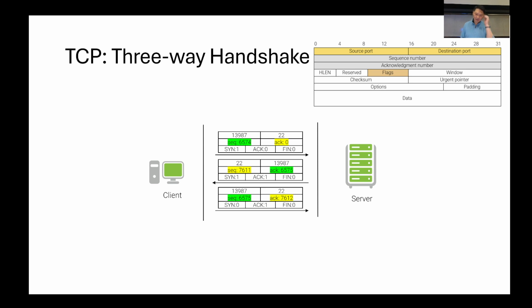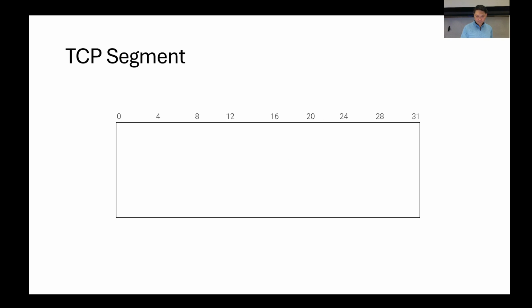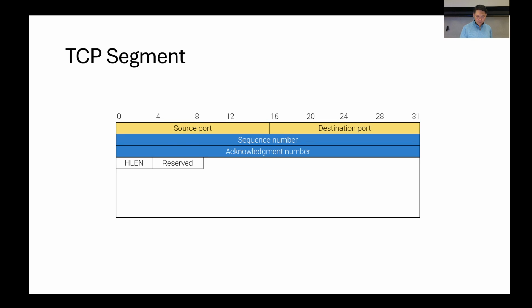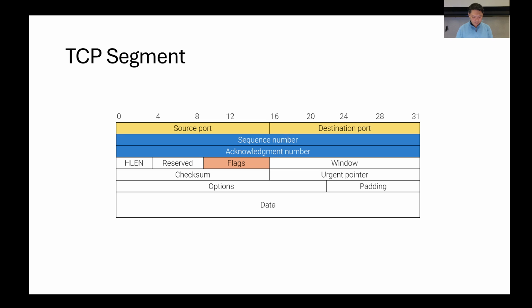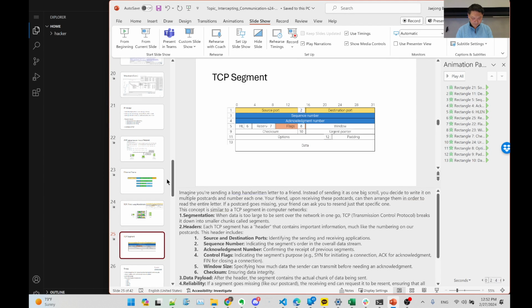And then lastly, the client says, thank you, okay, let's start talking. So this is the three-way handshake in real life, right? Like that, they must handshake to make the connection first, and then they exchange the data. Okay. So this is the format of the TCP segments.